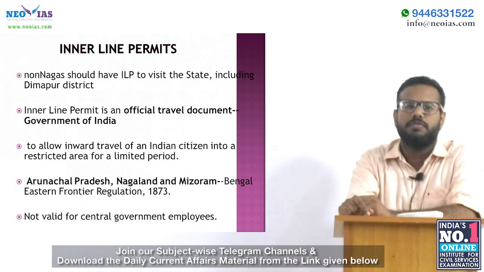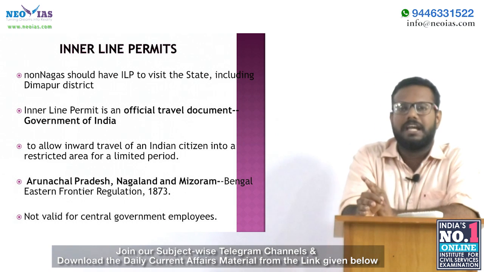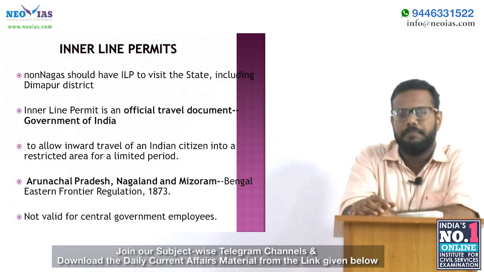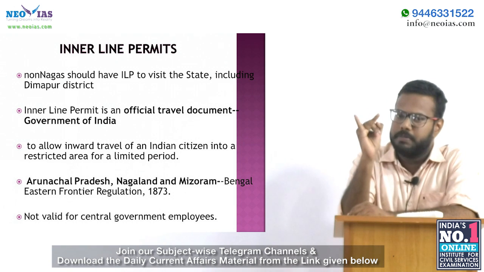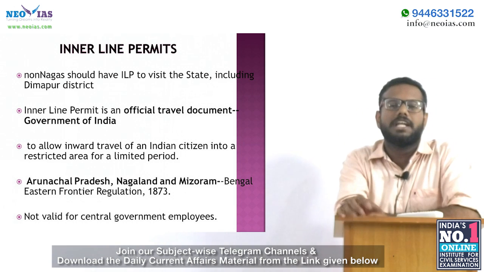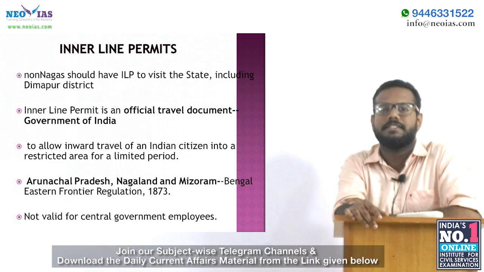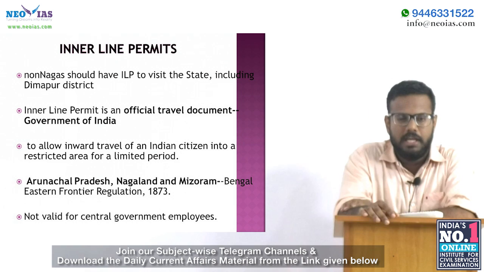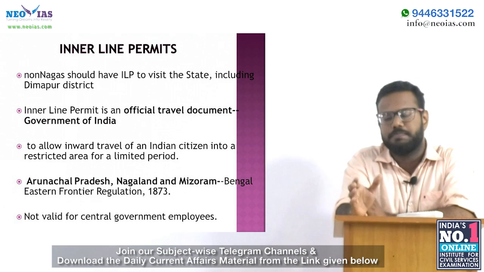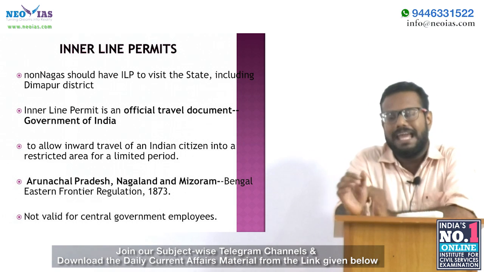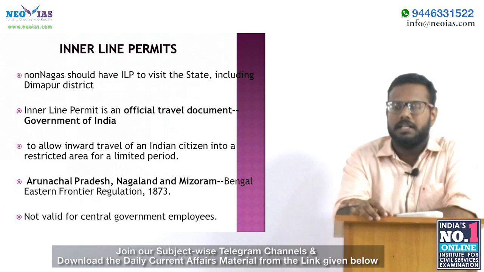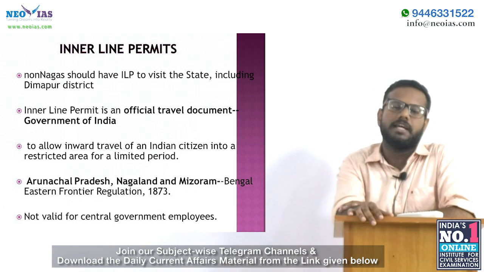I already told you the 3 states where the Inner Line Permit is necessary: Nagaland, Mizoram and Arunachal Pradesh. The Inner Line Permit is issued under the Bengal Eastern Frontier Regulation 1873. If you are a layman, you can enter these places only with an Inner Line Permit, but the provisions are not valid for a central government employee.